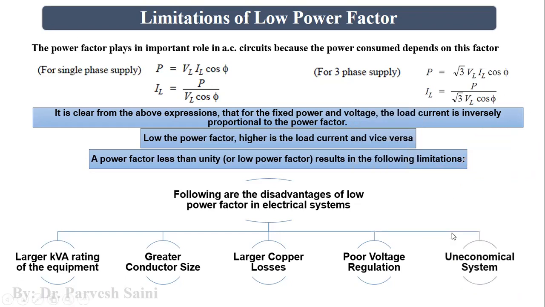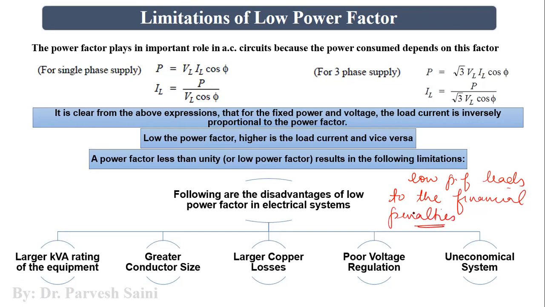And then we have the uneconomical system. Now this is very important, because uneconomical means a low power factor leads to financial penalties. If the power factor reduces, it will lead to financial penalties. Also, it leads to a high electricity bill.